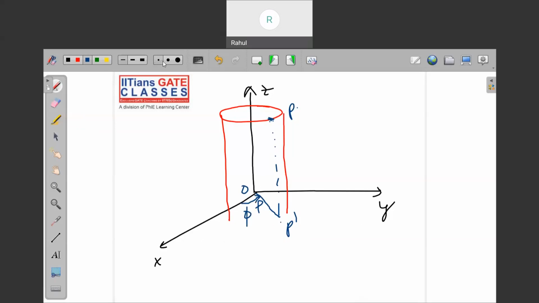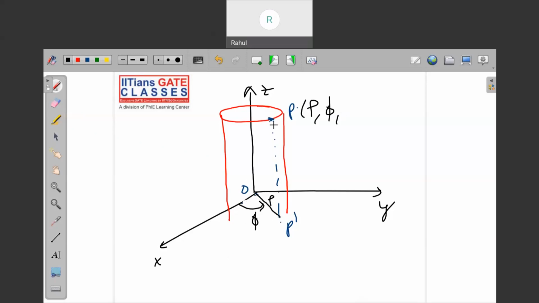Let me erase this and write properly. You can see the line joining this is rho, and the angle which it makes with the x-axis is phi. So the first coordinate is rho, the second is phi, and the third is we are going along the cylinder.